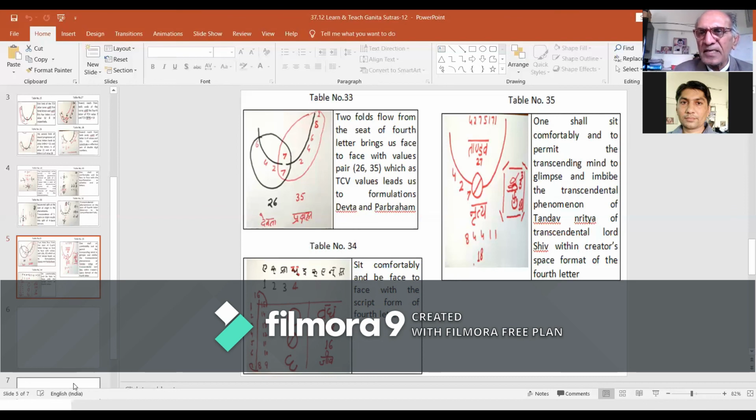And it is in this background that the enlightened sadhakas will be face to face with the transcendental phenomenon of Tandav Nritya of the transcendental Lord Shiva.